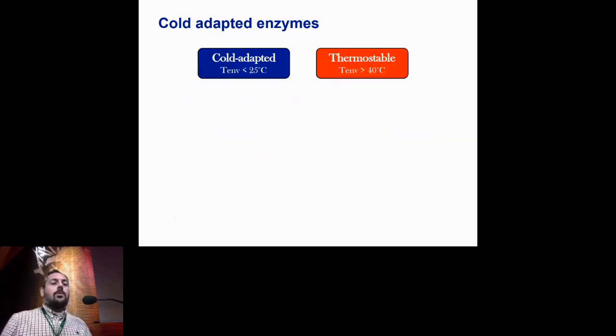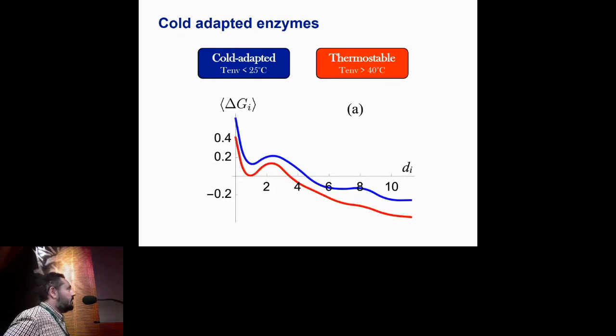So we have the enzymes, we have all the data, and so we looked at the catalytic site for psychrophilic and thermophilic enzymes. We basically took a subset of the 550 enzymes in our data set, taking the cold-adapted ones, those with an environmental temperature below 25, and those that are above 40 degrees, and then we plotted the same graph, delta G as a function of the distance.